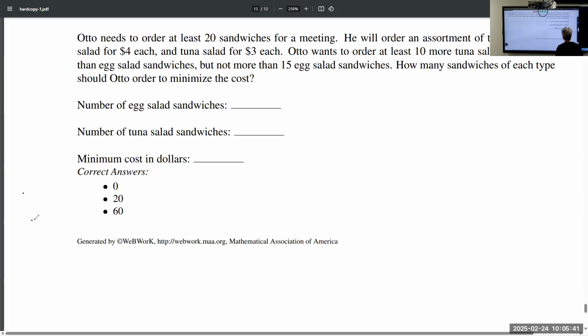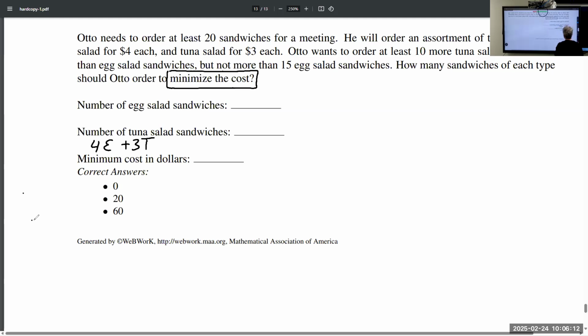We're asked to minimize the cost. So this is our goal right here, is to minimize the cost. Okay, well, how much does each thing cost? For an egg sandwich, it's $4. So I'm gonna call it E just so I can keep it straight, but you can use X and Y, that's perfectly fine. $4 for the egg and $3 for the tuna.